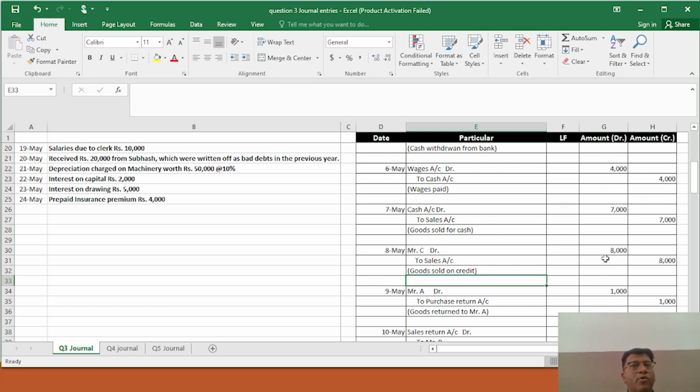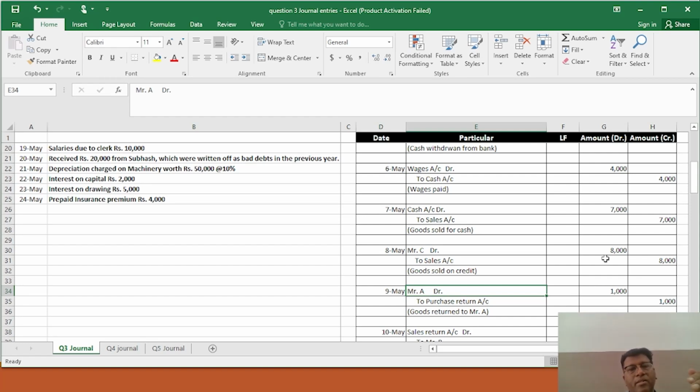So machinery, when you bought the machinery, it was treated as an asset and was shown in the debit side, but now because you are charging the depreciation due to any reason, due to the use of the machinery on a regular basis, so there is a decreased value in the machinery, and you can calculate the depreciation as the percentage of the depreciation is given to you 10%.